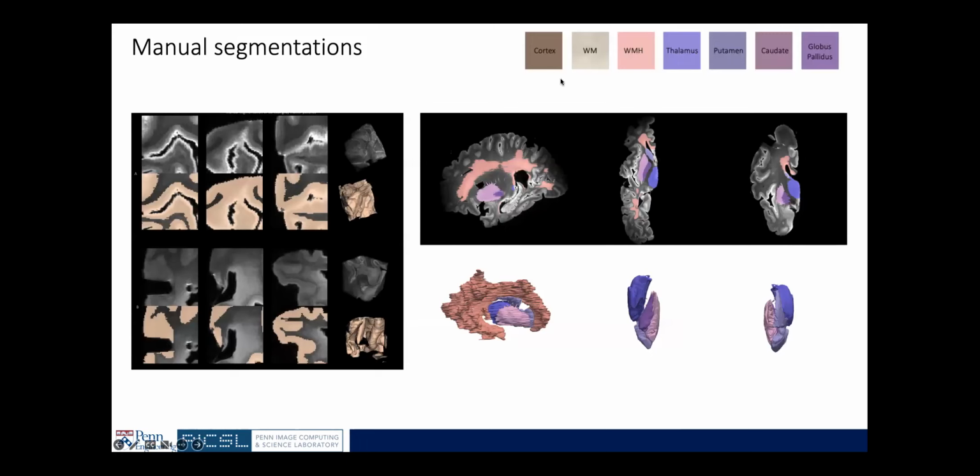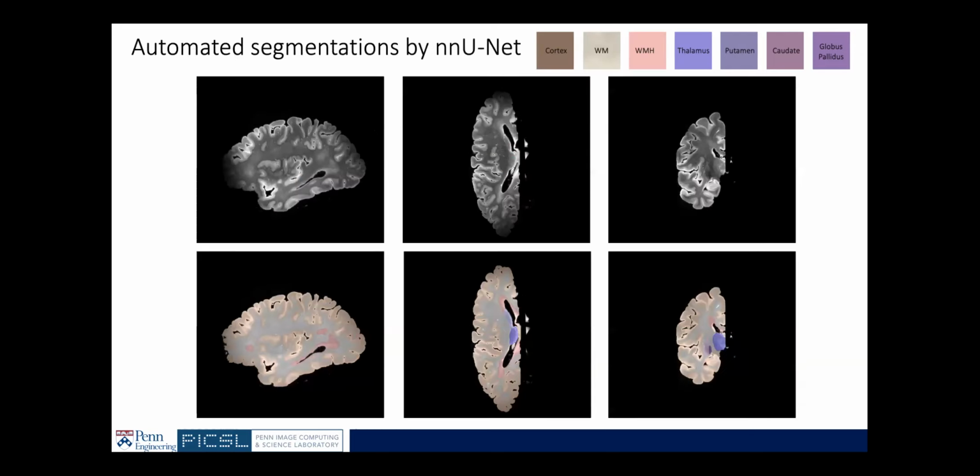To start with, we try to segment the cortex, the white matter hyperintensities, and 4 subcortical structures: thalamus, putamen, caudate, and globus pallidus. On 4 to 5 different subjects, we manually segment these structures in small patches, and then we pass these through nnU-Net to get automated segmentations.